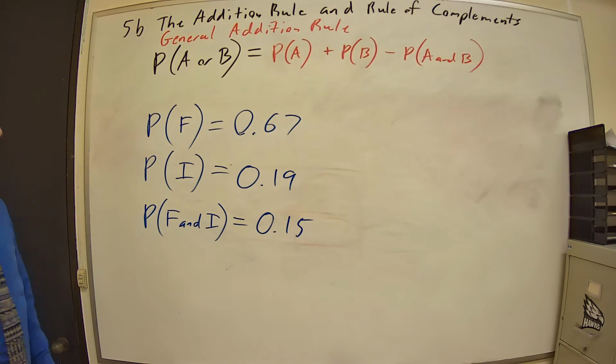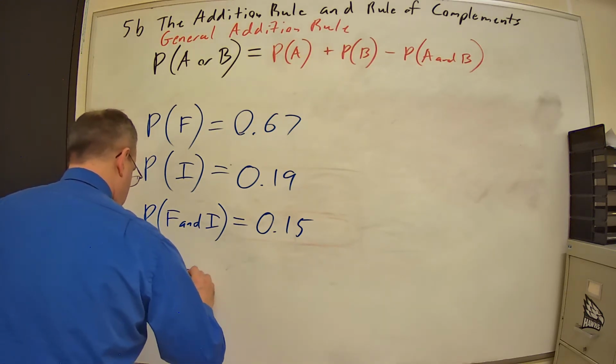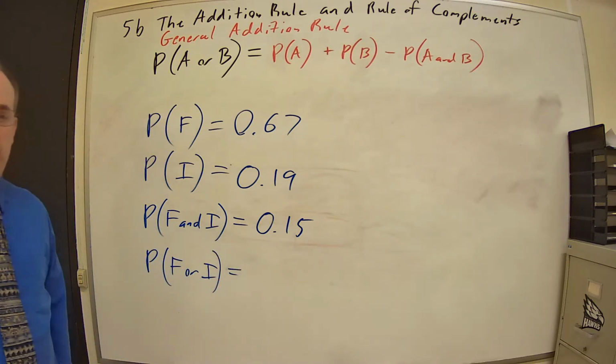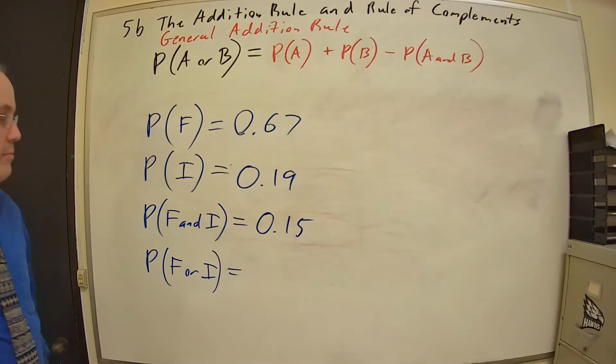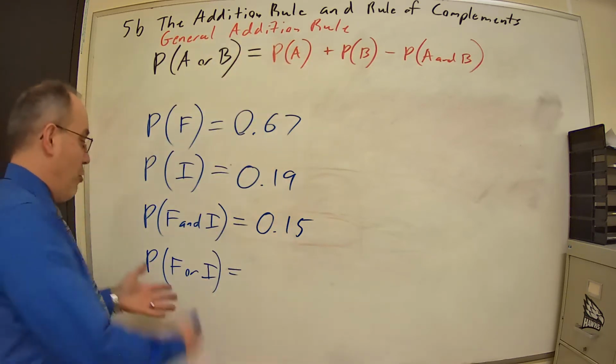And I want to know what's the probability that I select either a female or an instructor. If that's the case, now I'm stuck with this because I don't have a contingency table.